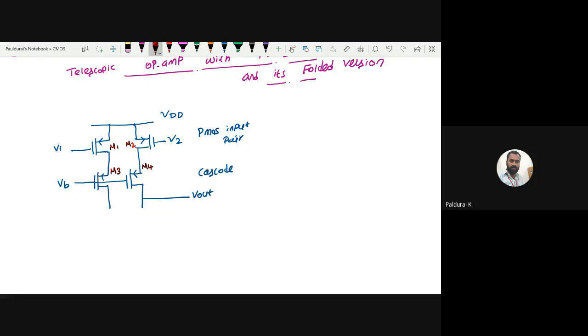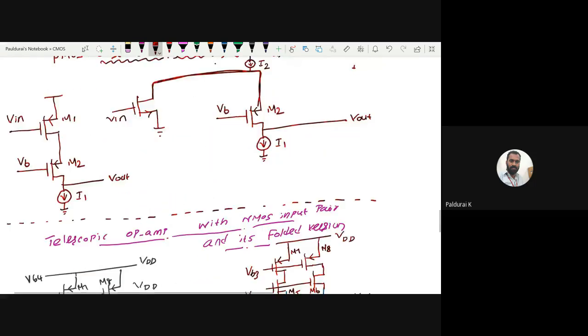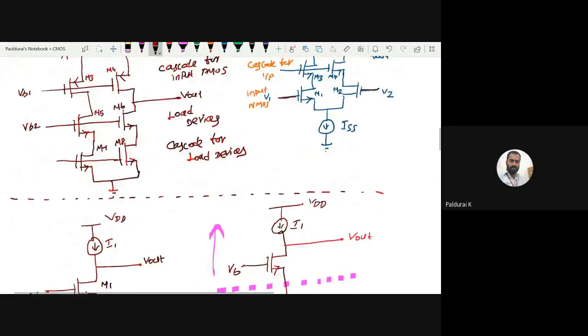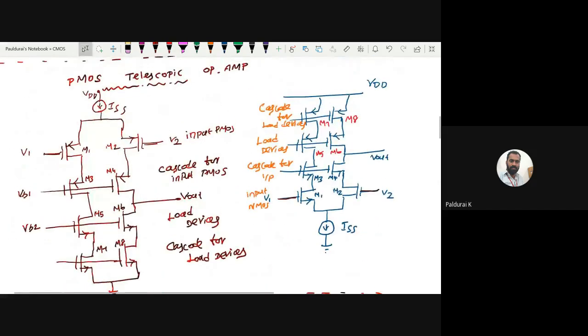We have already sketched the PMOS input telescopic op amp, right? Where is it? Yes, this is my PMOS version.